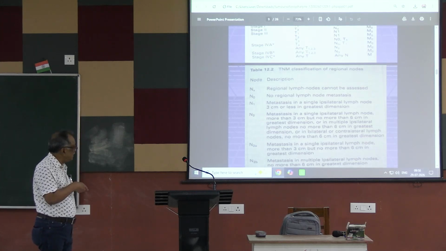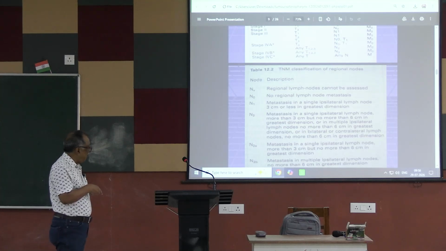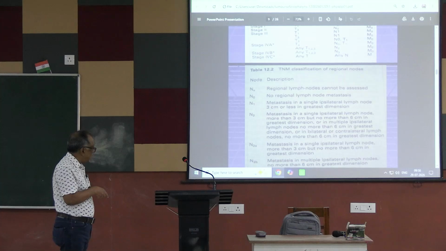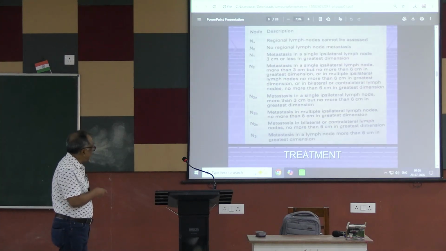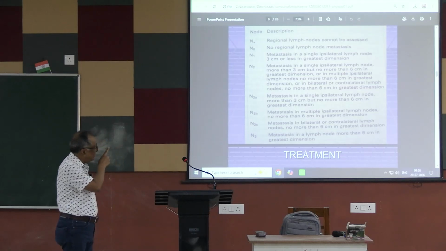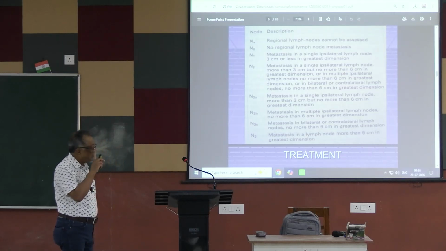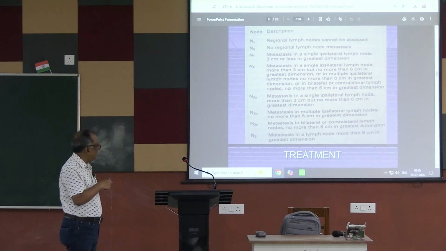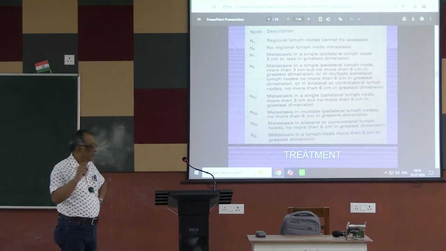N2A is metastasis in a single ipsilateral node more than 3 centimeter but not more than 6 centimeter.